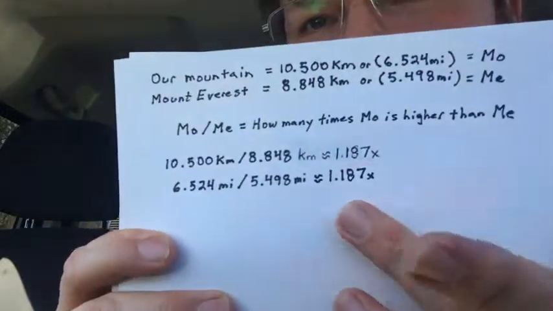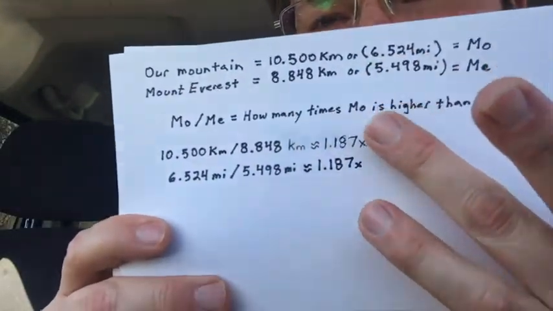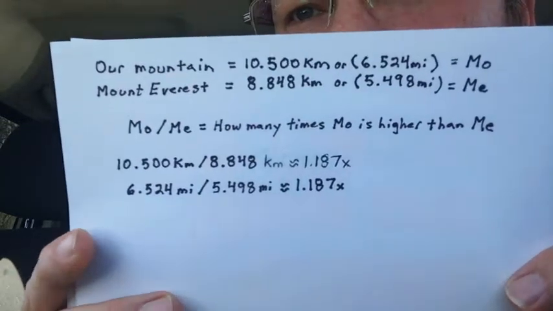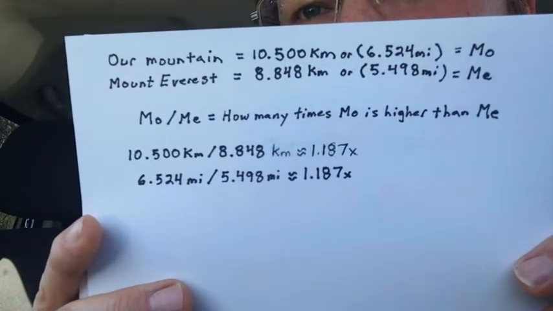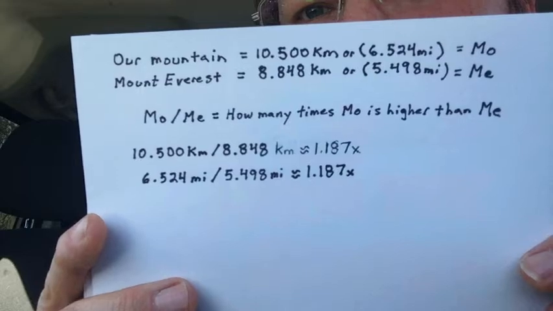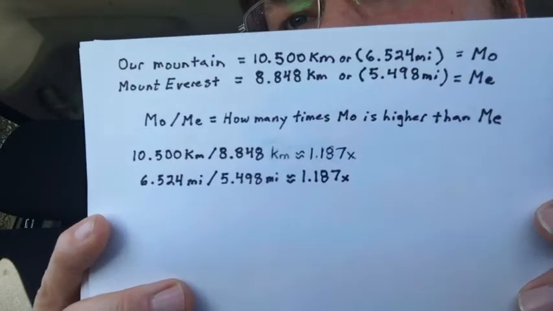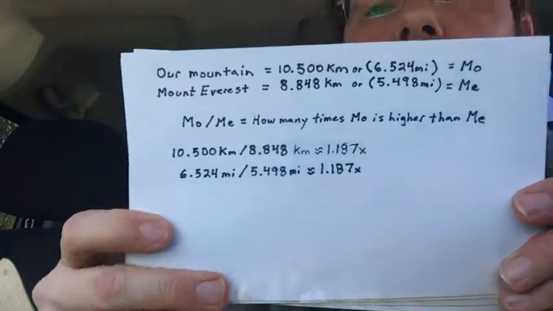I did this in metric and imperial to see if my conversions were correct, to see if I get the same number. And here we do. We just divide our MO by our ME, and that's how many times MO is higher than our ME. So our mountain is higher than Everest, and we get the same number. So my conversions checked out there.